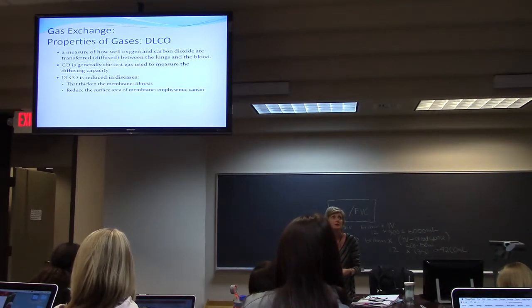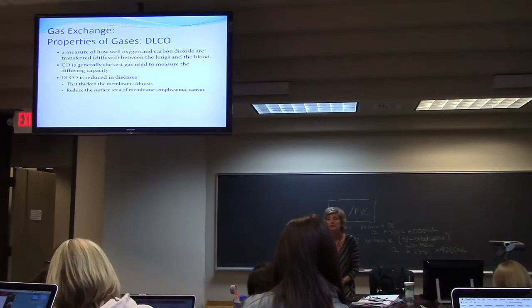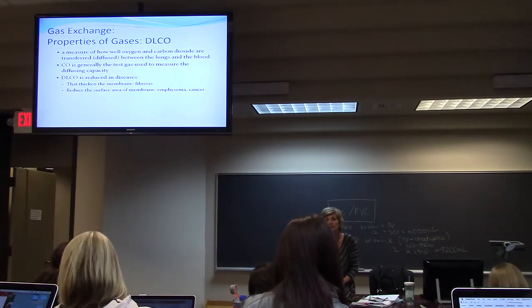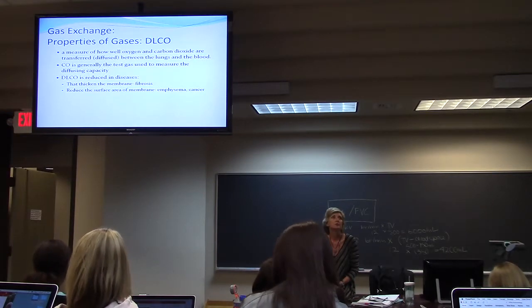That makes sense. And DLCO is referring to carbon monoxide. I don't know why I didn't put a 2 on that. But there's not a 2 on it. It's the one that you can measure.